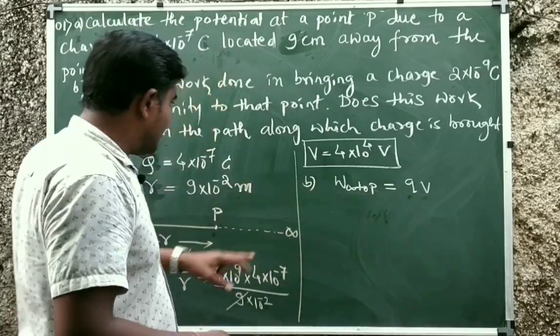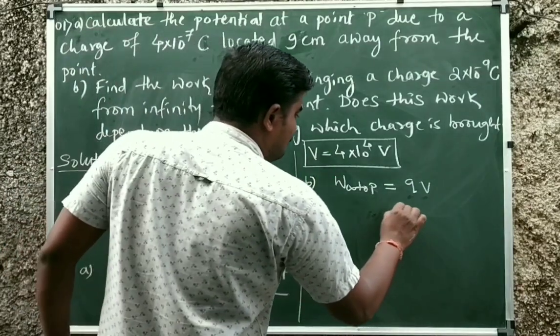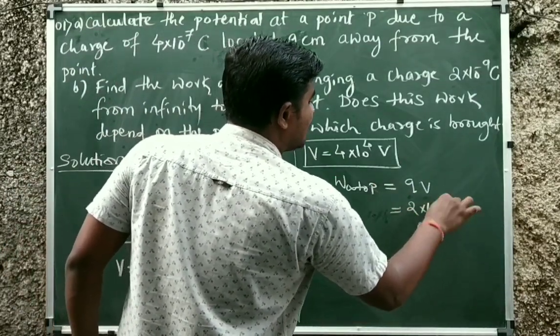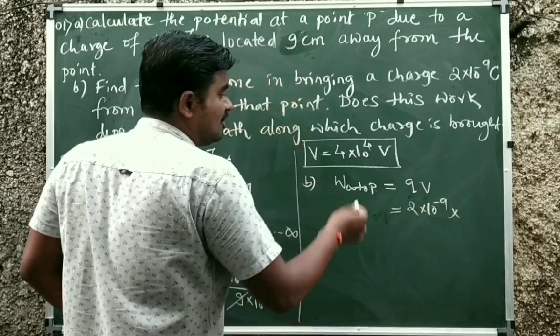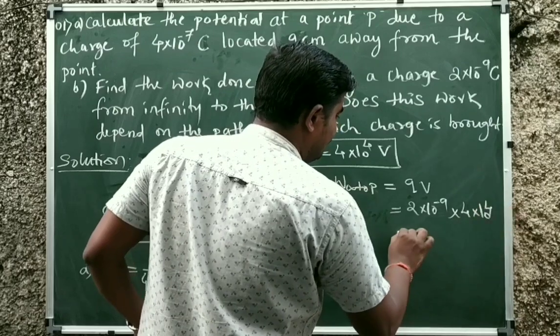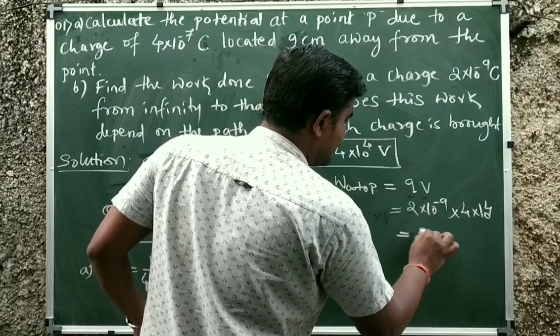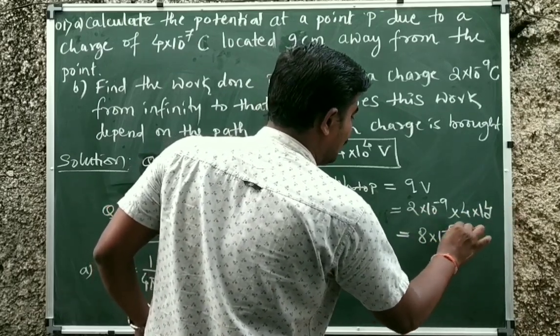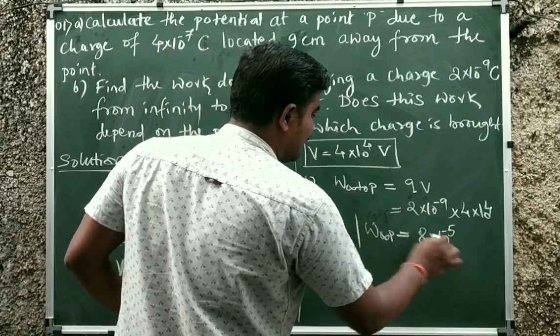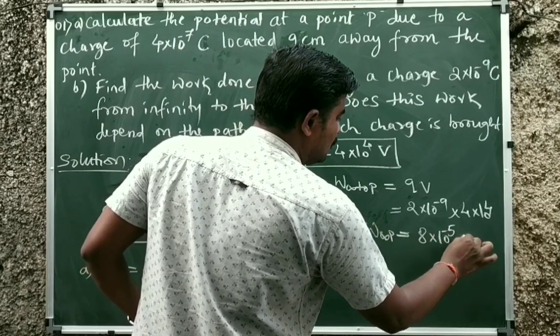Potential we have calculated, it is 4 into 10 to the power 4. Therefore Q is 2 into 10 to the power minus 9, and the electric potential is 4 into 10 to the power 4. Therefore, 2 4s are 8 into 10 to the power minus 5. So the work done from infinity to point P is 8 into 10 to the power minus 5 joules.